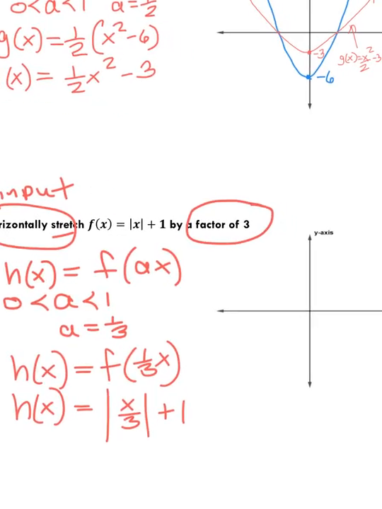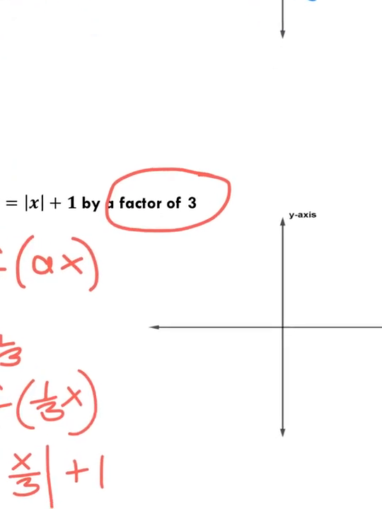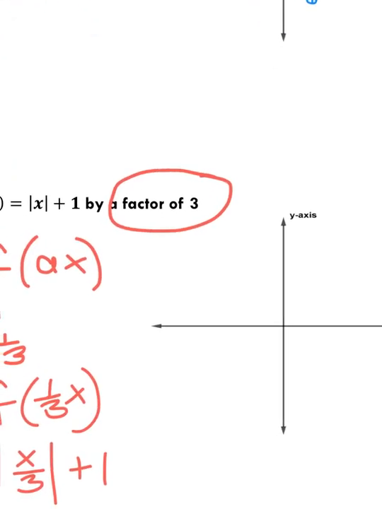Let's take a look at what that would be for the graph. So the first original function, f of x, is some kind of absolute value function, and the output is shifted up by 1. So we're going to have a v here. So we've got a v going up like this, shifted up by 1. That's the number 1.